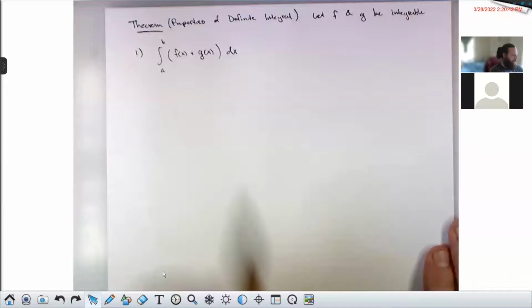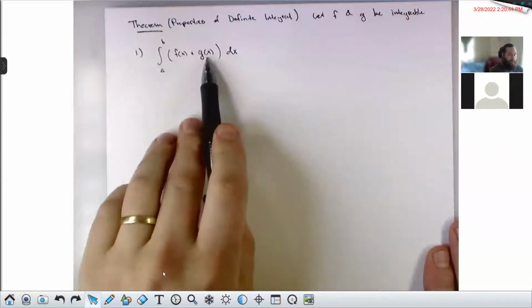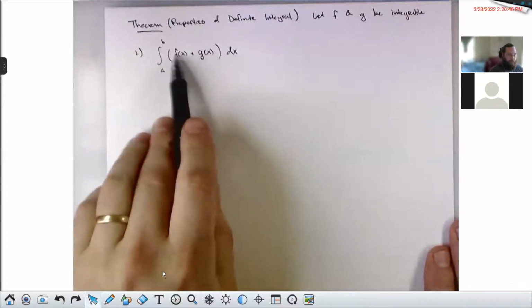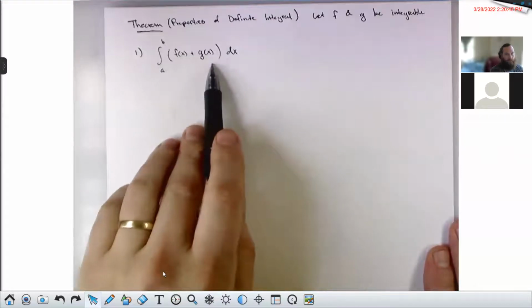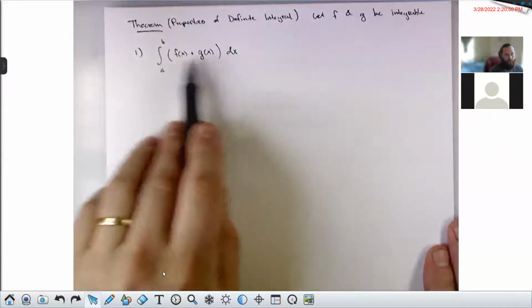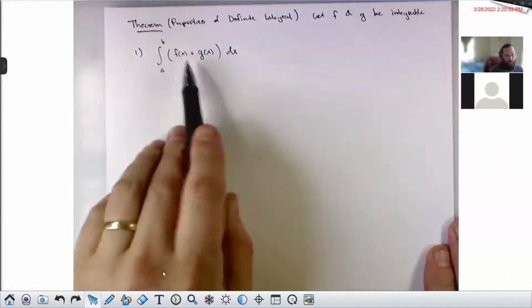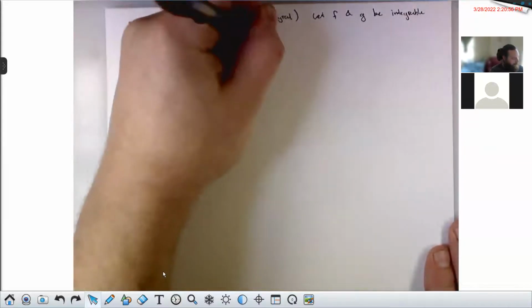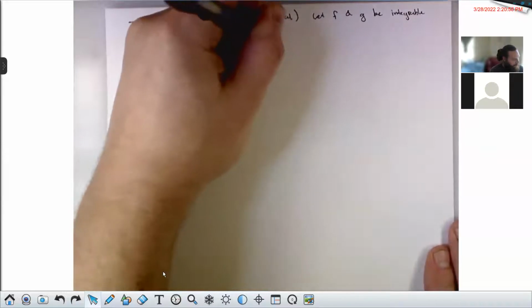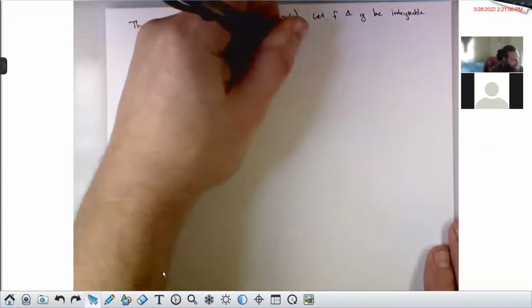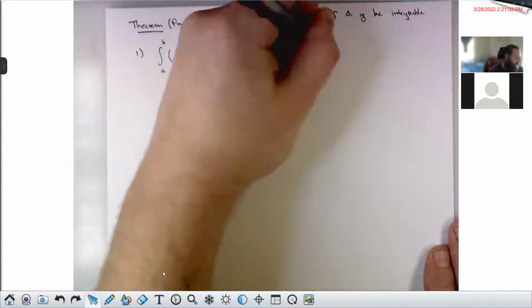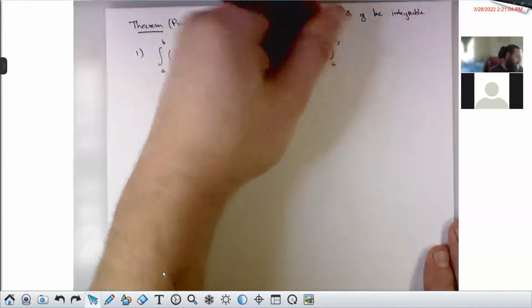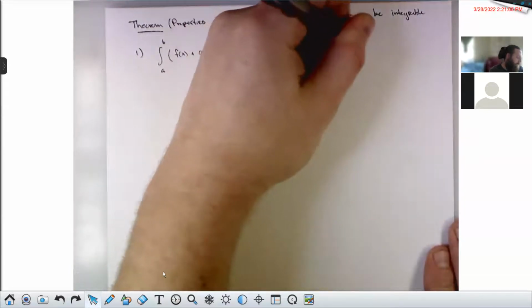And anytime you've got an integral with multiple pieces separated by addition or subtraction, you want to put the whole thing there in parentheses. So this dx, you really need to think of it as distributing over the whole thing. This is going to be the same as the integral from a to b of f of x dx plus the integral from a to b of g of x dx.